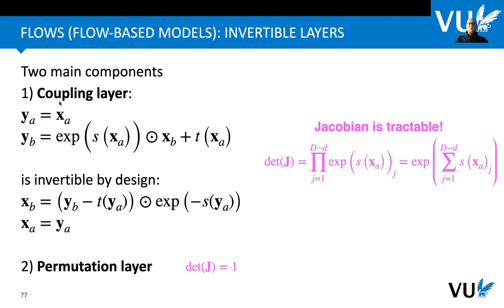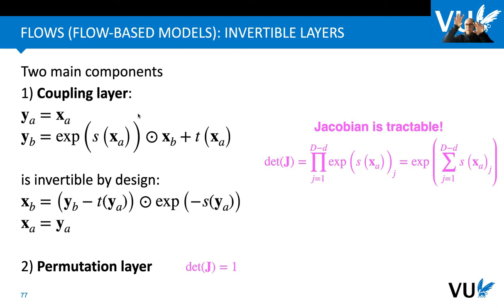Why? Because if we calculate the Jacobian with respect to xa, here will be 1, and with respect to xb, it will be 0. Imagine a big block matrix: there will be an identity matrix and just zeros. Then we will have the second part, yb, and its gradient with respect to xa. It will be something really complicated.